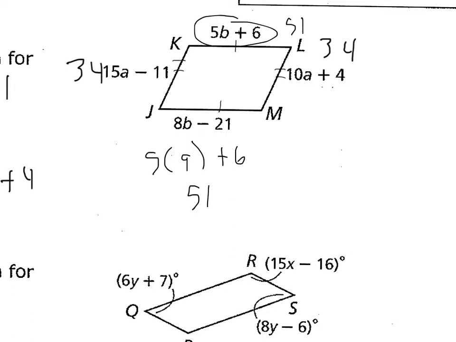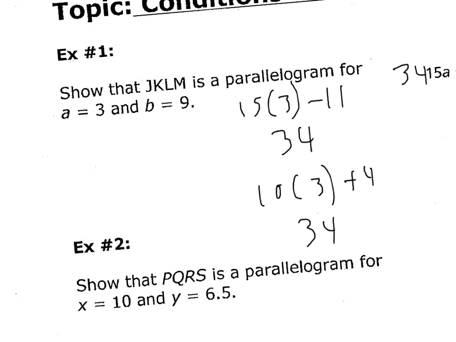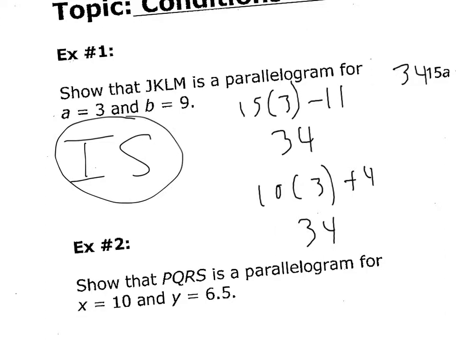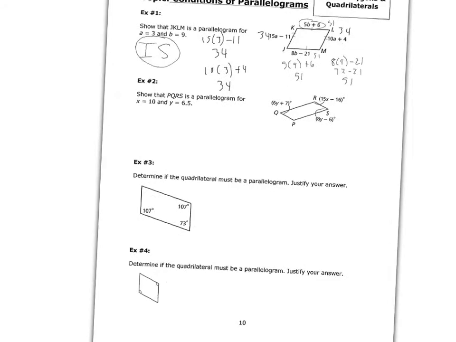We have 8 times 9 minus 21. 8 times 9 is 72, and if you subtract 21, that gives us 51. So since opposite sides are congruent, this is a parallelogram. So that's number one.